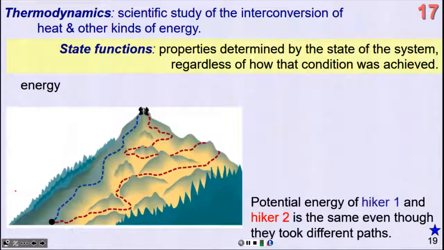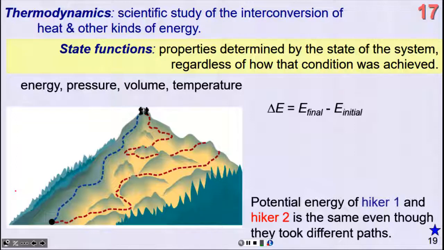But potential energy by position, in other words, of hiker 1, the blue, and hiker 2 is exactly the same. Their potential energy is the same even though they took different paths. So that potential energy is a state function. So the energy at the beginning compared to the energy at the end, that change in energy is exactly the same for the two, in spite of the fact that the red hiker took a lot more steps to get to the top, most likely.